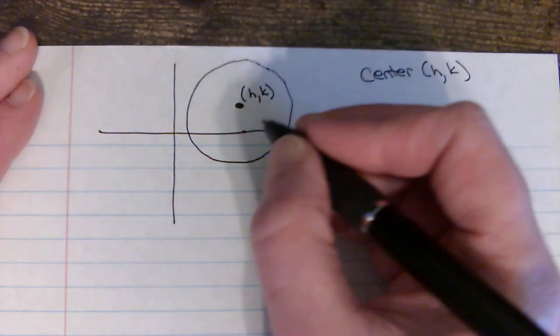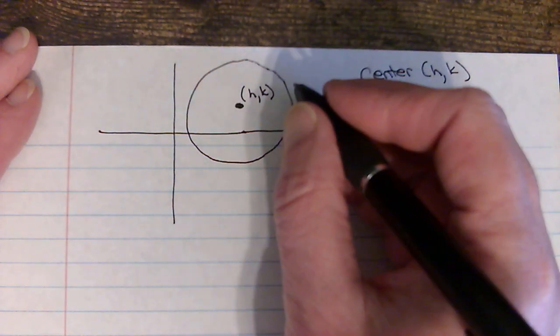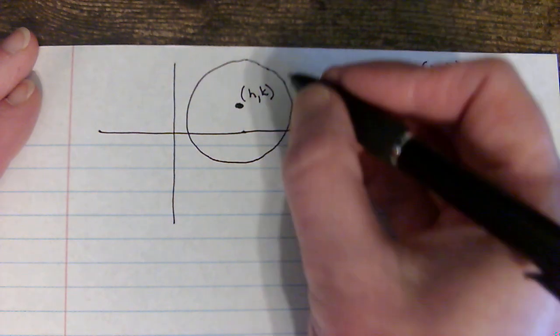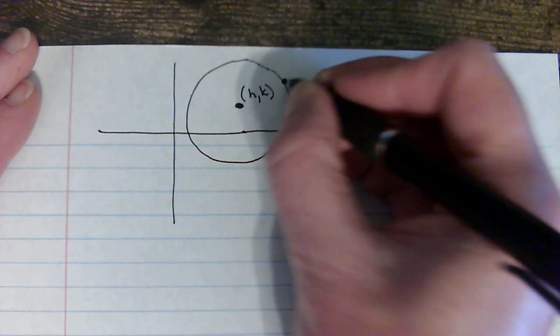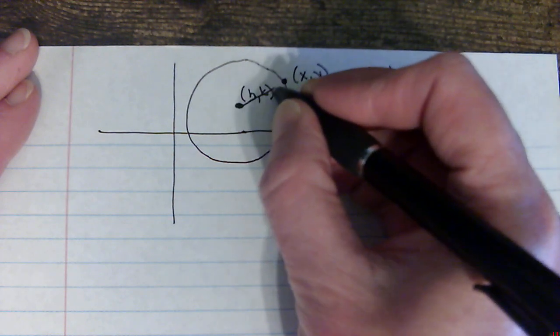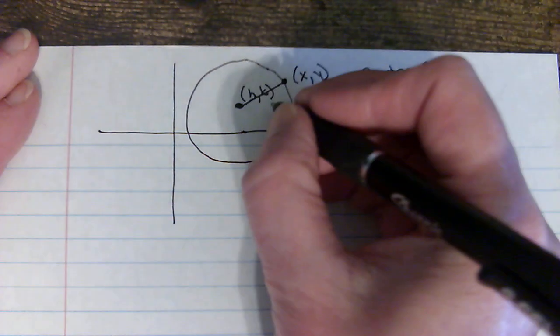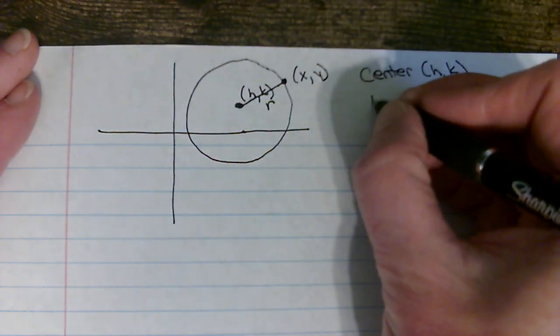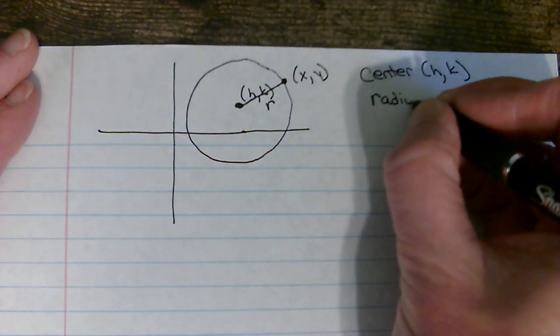In a circle, the distance from there to any point, so let's call any point on it (x, y), the distance from here to here is called the radius. So the radius is being represented with an r.